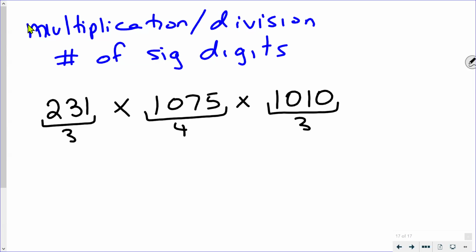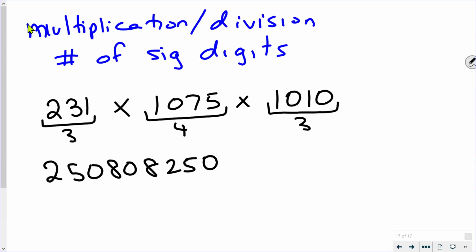So I got a long number, 250.808, and then 250 again. No decimals? It's not division, so we'll have decimals. So what's the easiest way to do this?